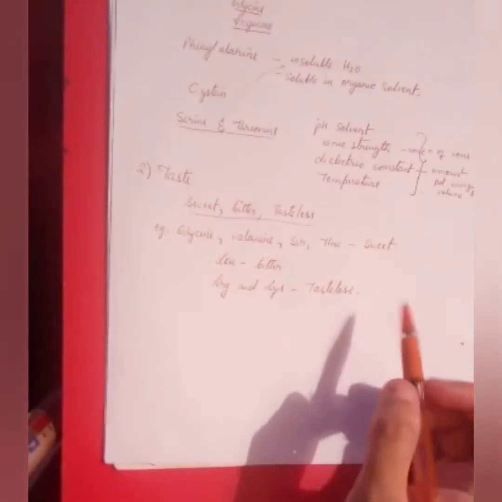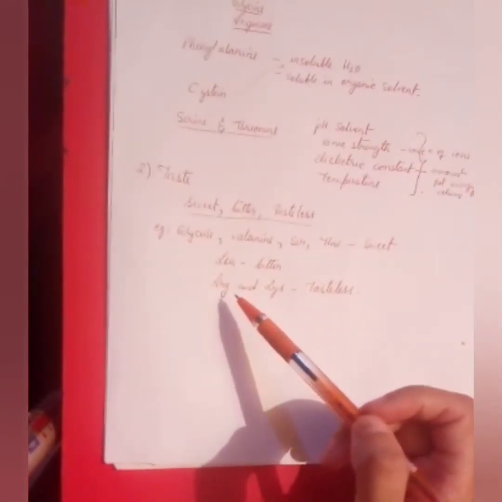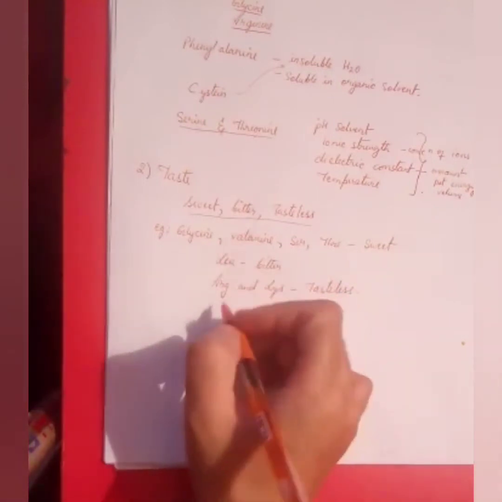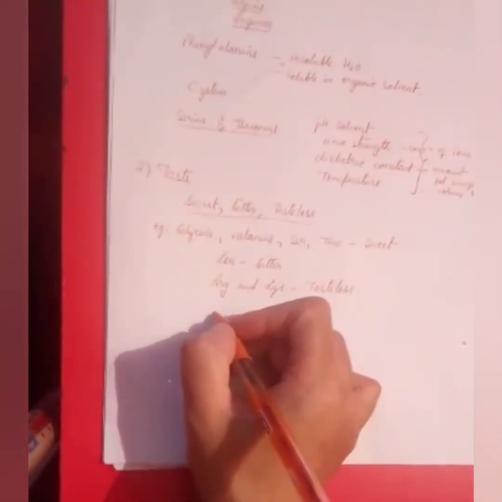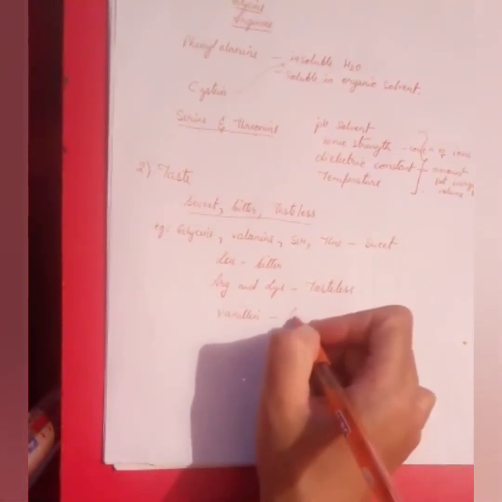So this is another property of amino acids, and some amino acids are used as flavoring agents, for example vanillin, which is used in ice cream.